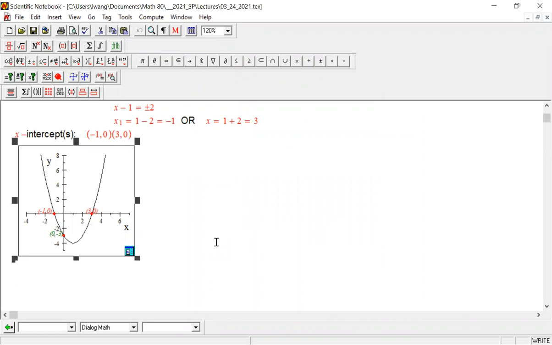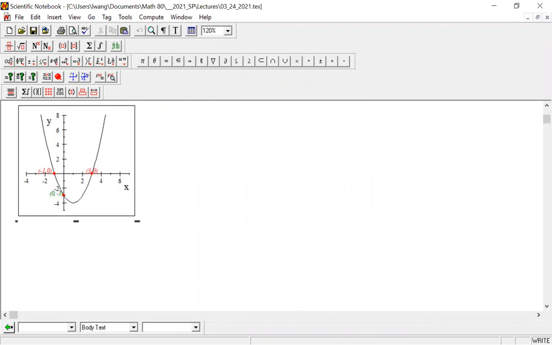Okay, so we got the x-intercepts as well. Now, the next is a series of questions like we have done before. So from 11, we're going to do them by pairs. We're going to do the horizontal cut, vertical cut, horizontal cut, vertical cut.